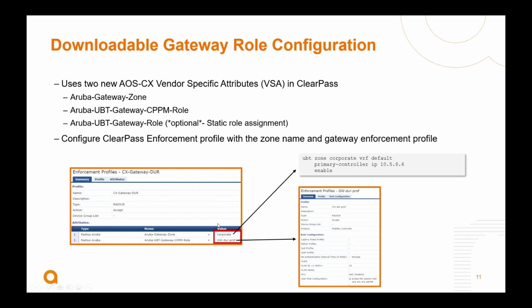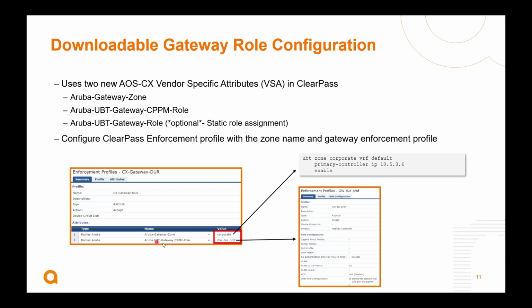So the gateway zone will indicate which zone we're going to use on the switch, so what zone that client traffic is going to use. So here I'm going to use my corporate zone, and if I look in my switch configuration, that would be my tunneling profile for the corporate zone and what VRF I'm using, which gateway IP I'm going to be tunneled to, to download either the gateway information or the cluster information.